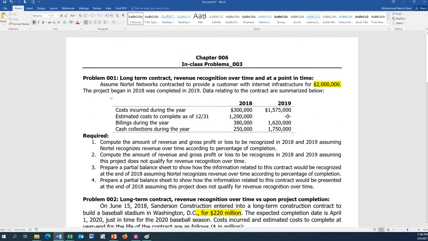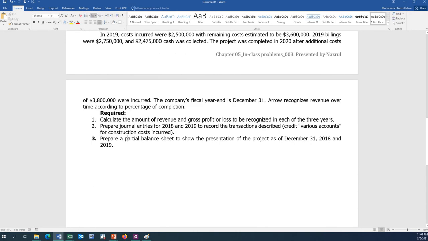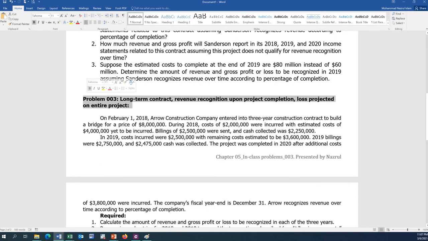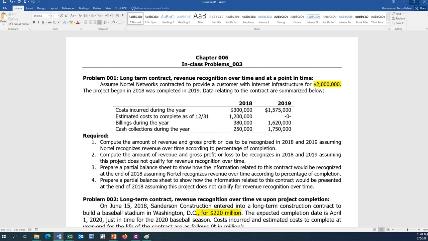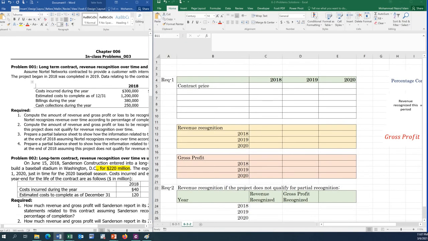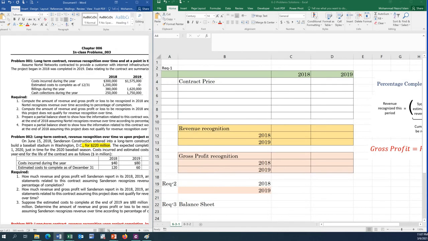I will solve two of these problems, problems 1 and 2, and you will be solving problem number 3 at home. So let's go. Here is the problem we have. These problem sets as well as this Excel file will also be on Learn. I have already created the template for you.